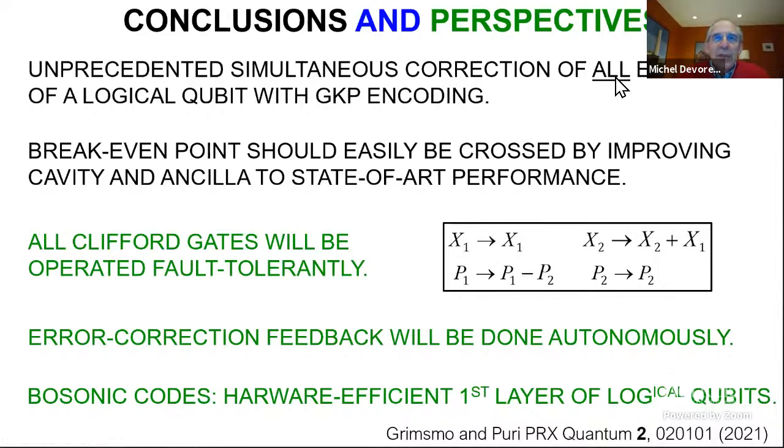That is, there's this question of the break-even point, which is whether we can, with this code, do even better than the best encoding in the cavity. So right now, we of course do better than without error correction, keeping the encoding the same, but the question of break-even is the following. Can you beat, with your error correction scheme, which is always going to be more complicated than the simplest physical qubit, the coherence lifetime of the simplest non-correctable encoding?